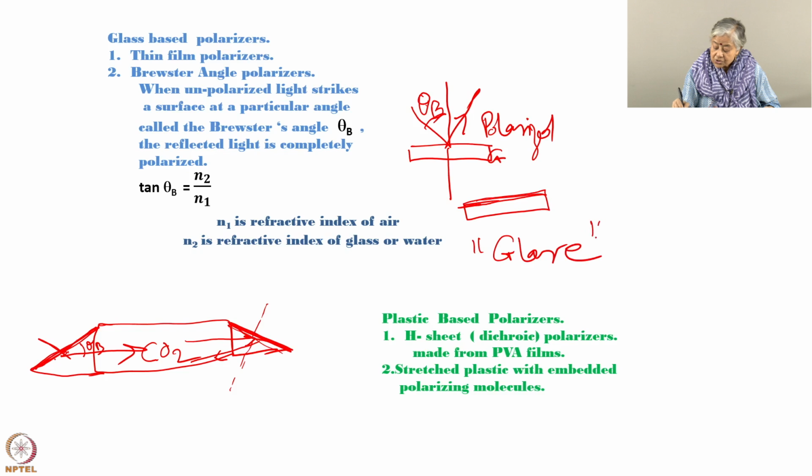Glare happens because of reflection, refraction from different surfaces, metallic surfaces, glass surfaces. So, glare is actually polarized light. So, in order to cut off that glare which is so disturbing to a driver when he is driving, he uses these Polaroid goggles. The goggles are made of these plastic based polarizers. So, it cuts off that glare, it cuts off that polarization. Okay. So, that is how they are used.